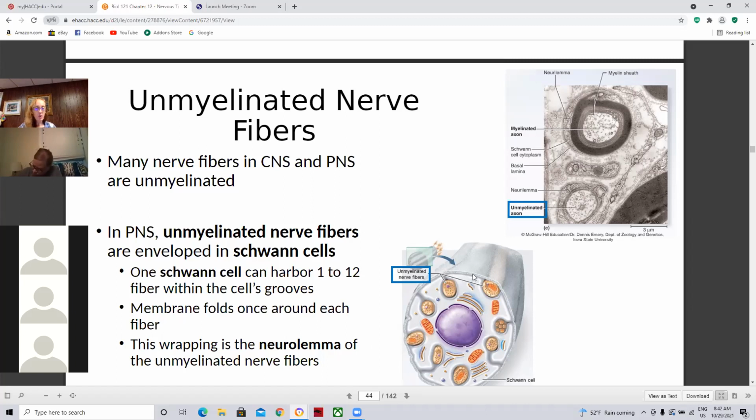So this neurolemma membrane wraps around these unmyelinated nerve fibers one time. So remember, in myelinated fibers, the Schwann cells can wrap around them up to 100 times. In the unmyelinated nerve fibers, they're wrapping around them once.